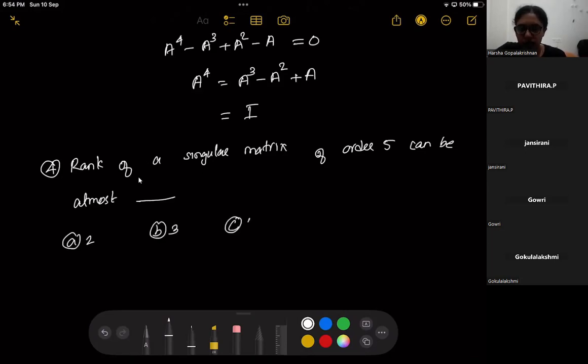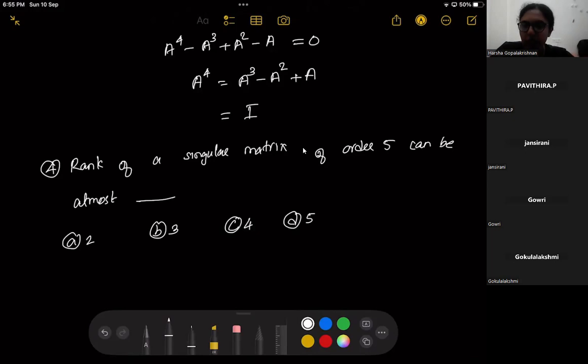The question is, what is the maximum possible rank of the matrix? That is, the rank of the matrix can be at most what? 4. Yes, 4, because it is given it is a singular matrix.